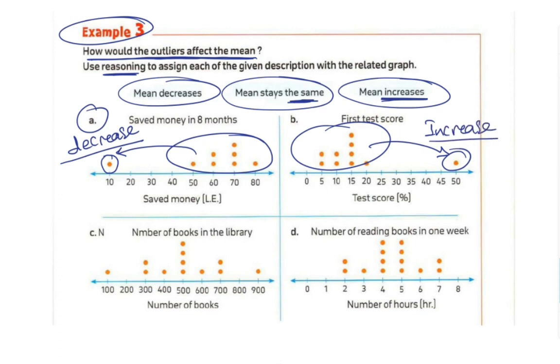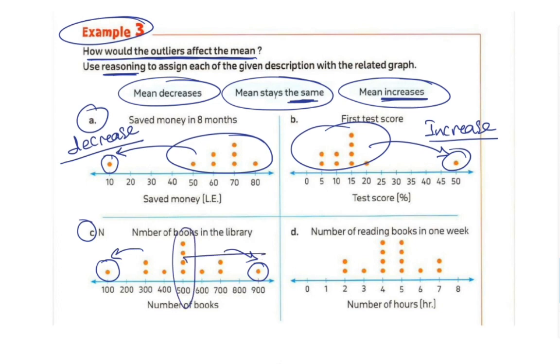Okay, here we have point C. I have one outlier to the left and another one to the right at the same distance. Now you can note that this plot is symmetric. What's the meaning of symmetry? Look here at 500.